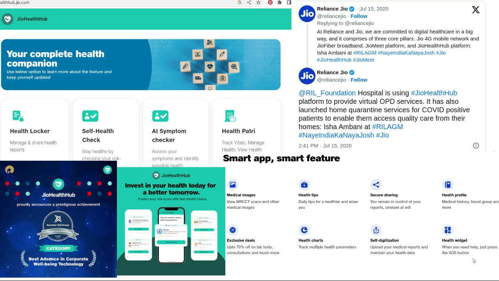And as you can see, a lot of the focus of Geo Health Hub is on the curative aspect of health, but also continuous management of health conditions. So I'll not go into the details over here. From their analysis, Neeraj and team have figured out that this could be a good platform, a good entity. It has a lot of credibility, a wide reach, and we could partner with them.